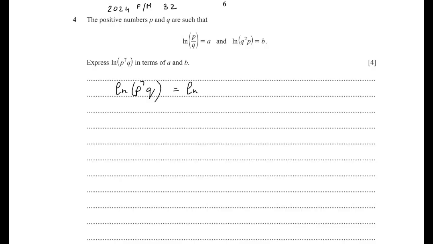So these are two multiplied terms in a single log. So we can split it up into log p to the power of 7 plus log q. This is the multiplication rule in reverse. And then log p to the power of 7 can be written as 7 log p. That's another property of logs.